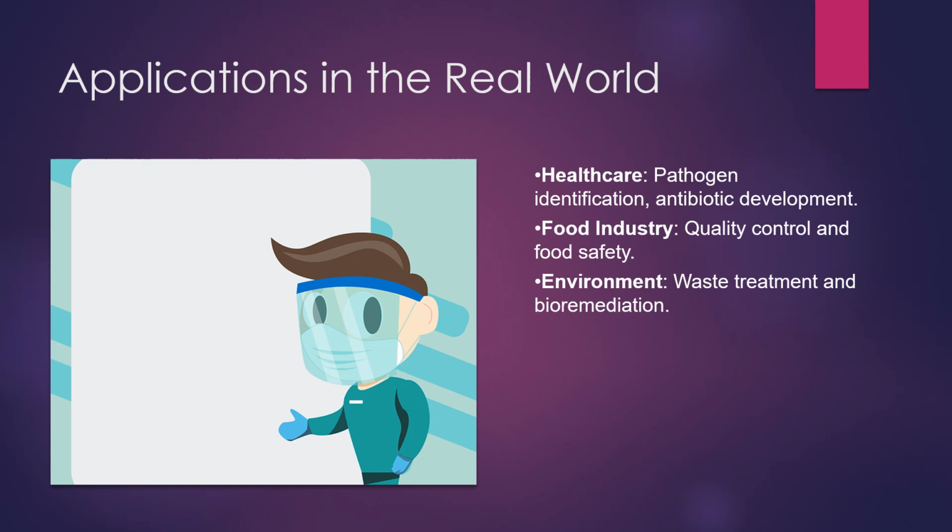In the food industry, we need to ensure that the quality of our food is of the highest standard. And so if food is not stored in a particular way, if food is not preserved in a particular way, bacteria can grow in it. And some of that bacteria is pathogenic. We also use bacteria to create food.